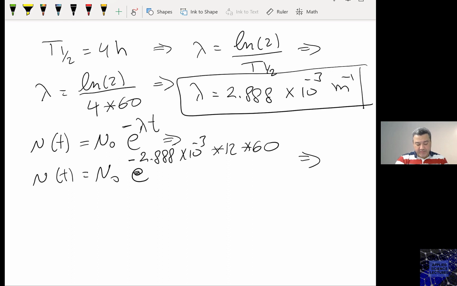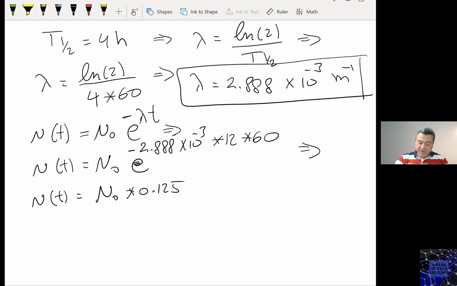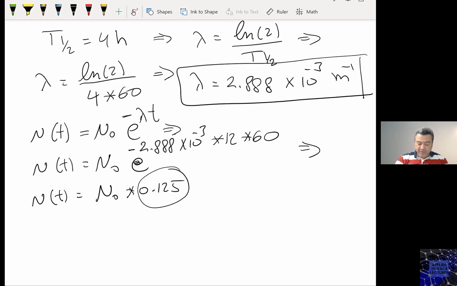Then N t equals N naught times 0.125. Now this 0.125 here is the remaining. This is the remaining of the initial.